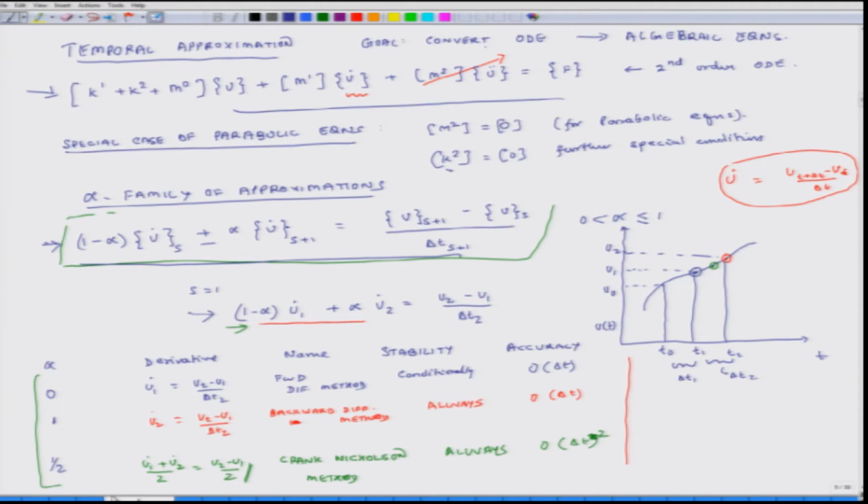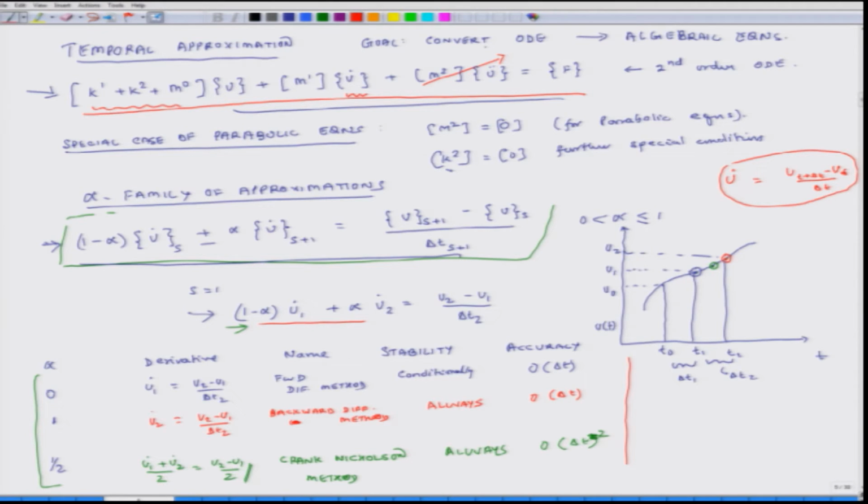Now we go back and look at this equation. We have already said that for our case M2 is 0, and also K2 is 0. So we can consider this entire term as one single stiffness matrix, which we call K. So K is equal to K1 plus M naught, and M1 we call the M matrix.